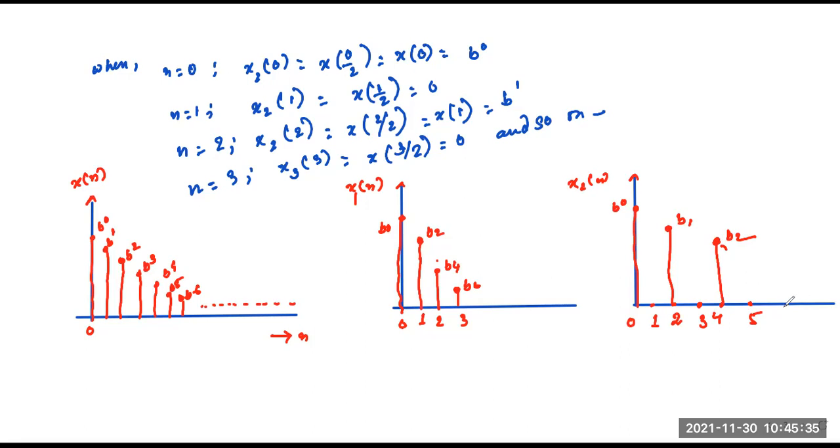And then B of 6. So this is 6. And this will be B of 3. This will be dot dot dot n. This will be also dot dot.